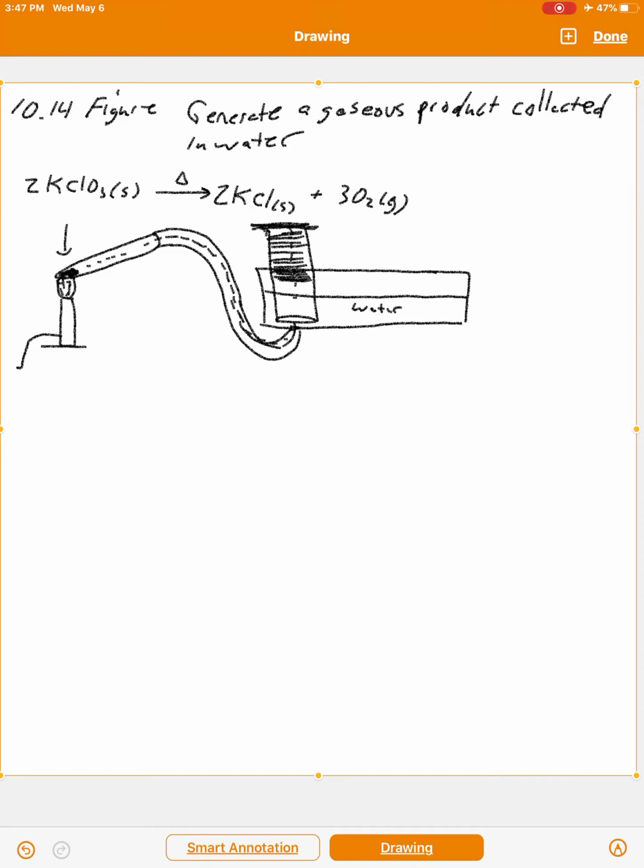So we'll start collecting the gas up at the top here. That'll be gas there and it'll just push the water out. Once all the water's out, the extra bubbles will just bubble out like that. So you can collect an entire container full of oxygen gas. It's really cool.